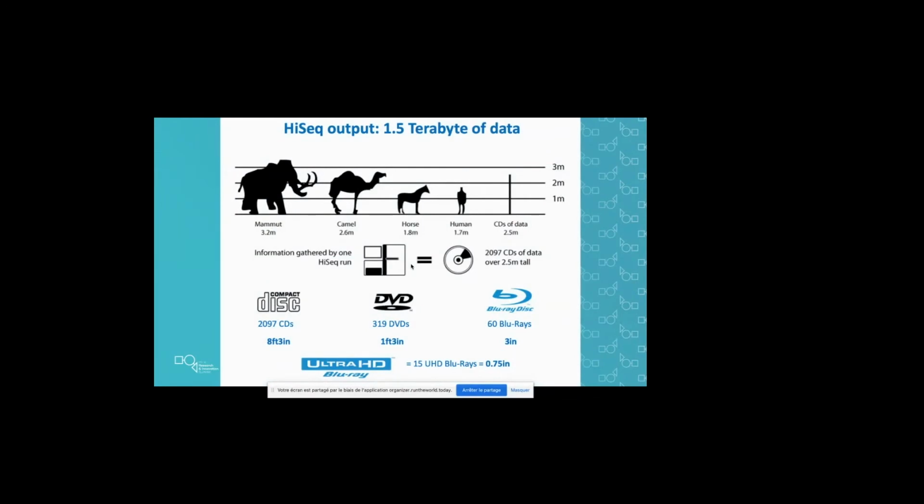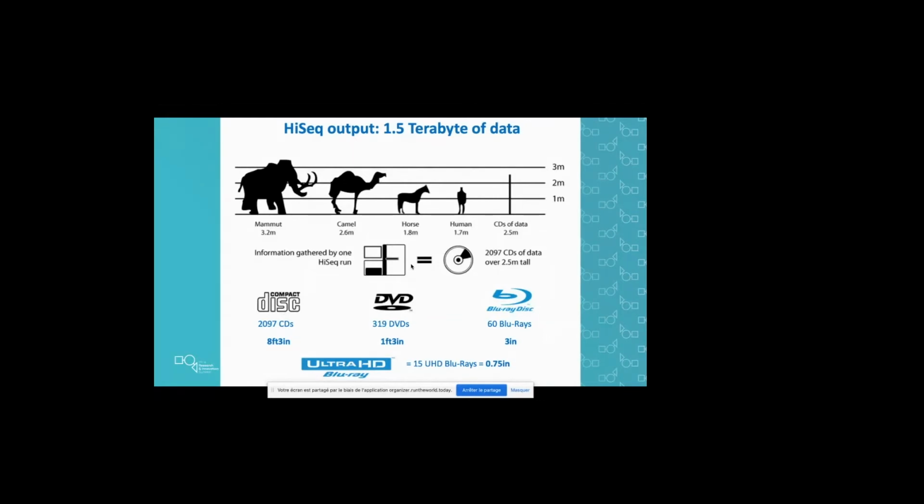Okay, let's imagine that you have the money and you are working in a rich lab, and you are able to sequence and use these machines at their maximum yield. Sequencing will, of course, generate data, and it will generate a huge amount of data.